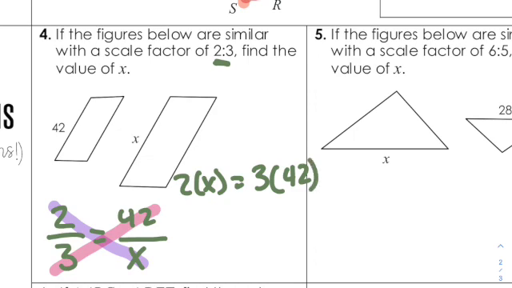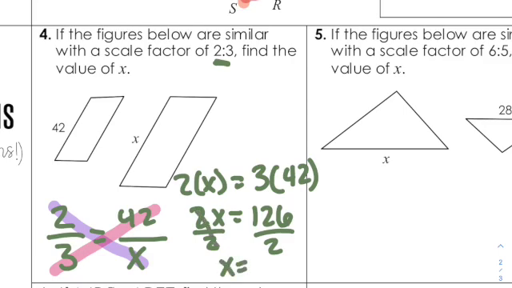Of course 2 times x is 2x, and 3 times 42 is 126. And then we just solve for x, so we divide both sides by 2. And x equals 63. And that's it.